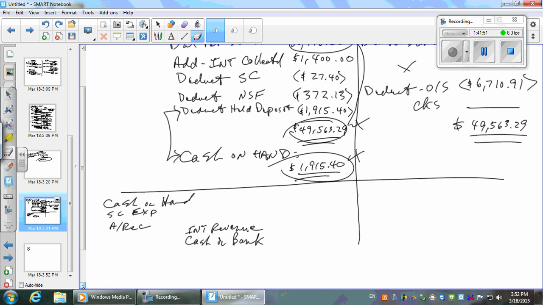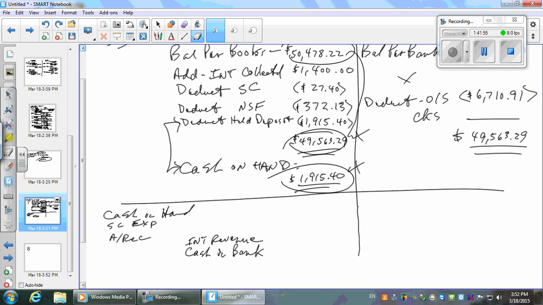So here we go. What do you want to do? Take 5478.22, right? And subtract 49,563.29. What's the difference? I want to reduce cash at the bank by how much? That's in your general ledger, right? 5478.22.